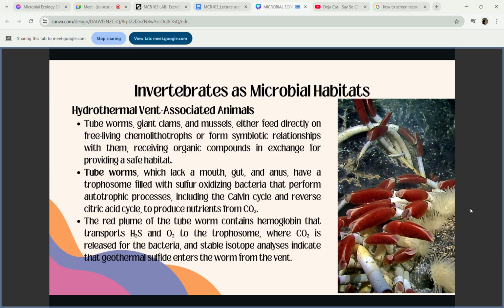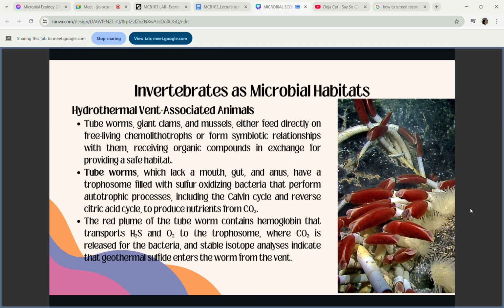So the red part of the tube worm, or the red plume, contains hemoglobin that transports H2S and oxygen gas to the trophosome, where the carbon dioxide is released for the bacteria. And the stable isotope analysis indicates the geothermal sulfide enters the worm from the vent. So the red plume is the main chemical vent where it carries it to the bacteria living inside the tube worm.